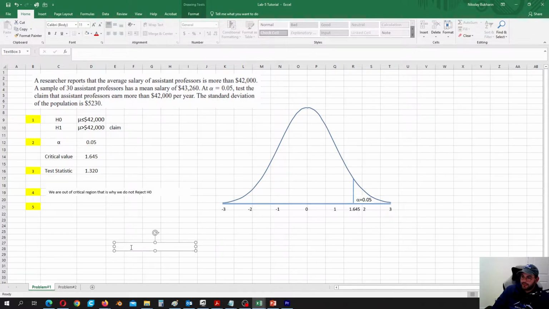The conclusion is as follows: we do not have enough evidence to claim that professors earn more than $42,000 per year.